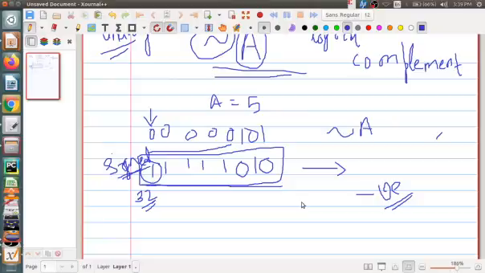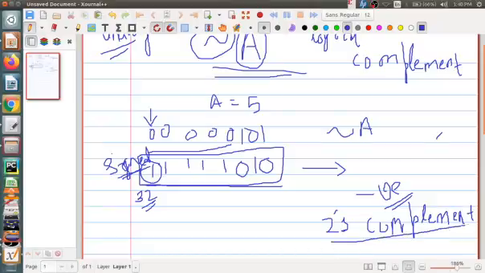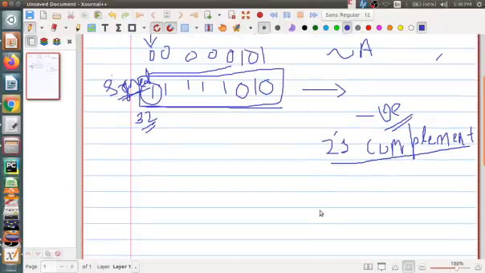How can you convert? There is a concept called 2's complement. Now, what is a 2's complement? Any binary number can be represented in 2's complement or 1's complement. 2's complement is 1's complement plus 1.